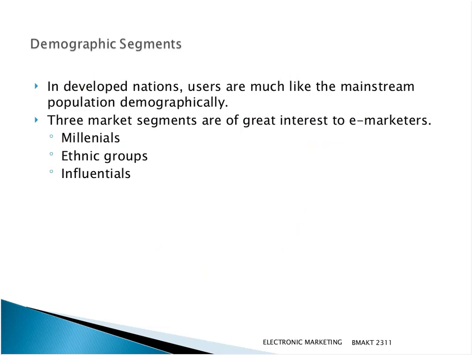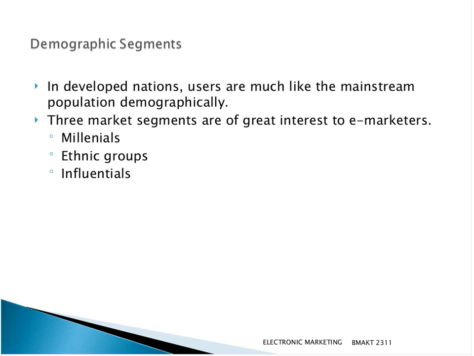Continuing with types of segmentation, we are now going to talk about demographic segmentation. In developed nations, users are much like the mainstream population demographically. When we say demographic segmentation, we are considering many different subcomponents. I already gave you sex, age, income level, educational level, ethnicity, religion.